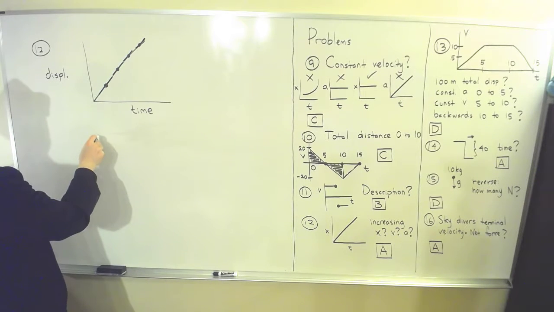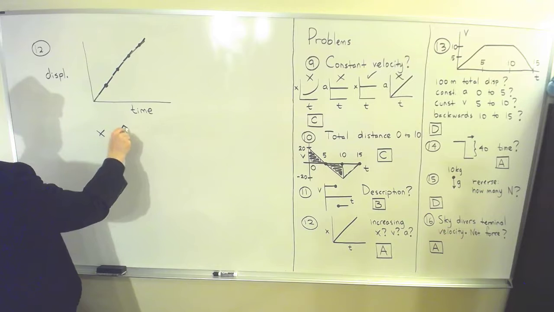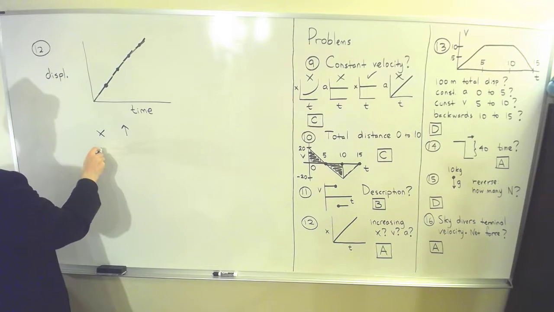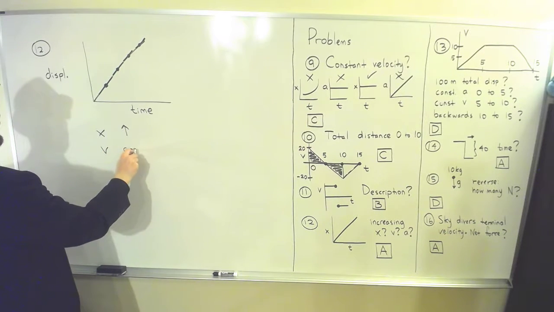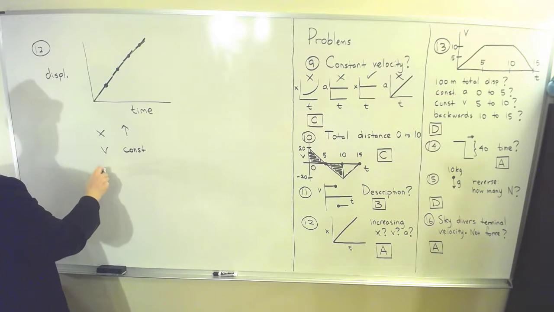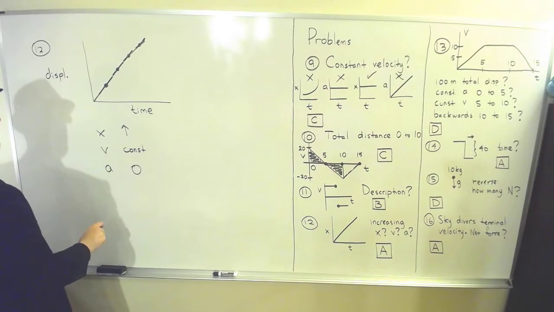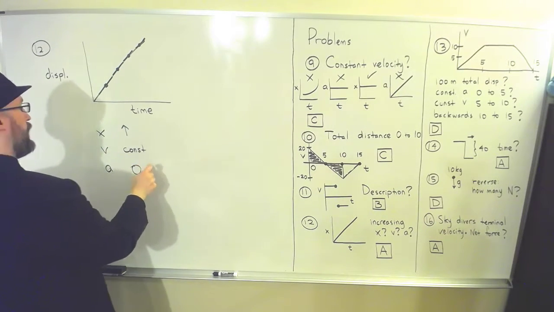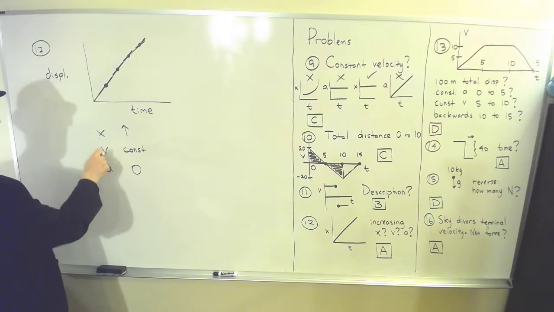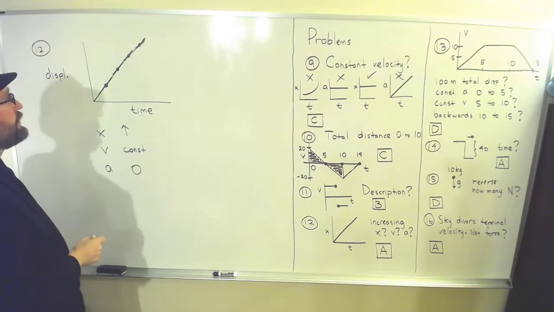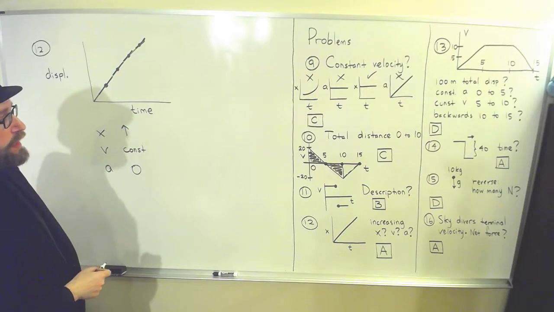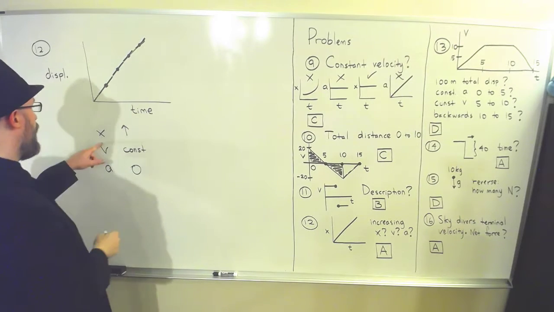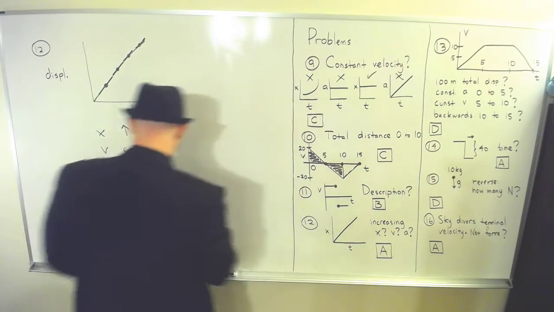So you've got x is increasing. V is constant because it's the constant slope. Acceleration is 0 because that's what it means for the velocity to be constant. That the velocity is not changing, the acceleration is 0. So the only thing that's increasing is x, and that's answer choice A.